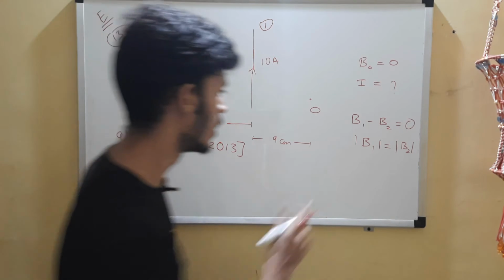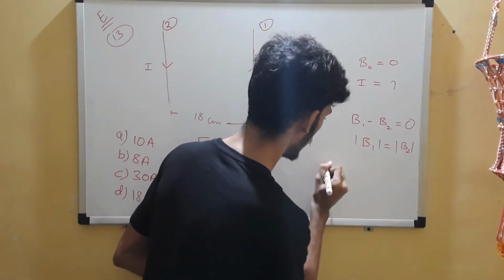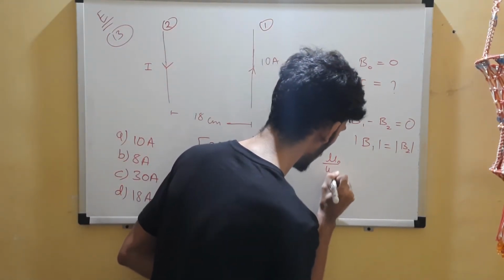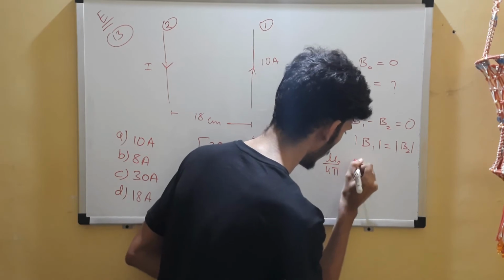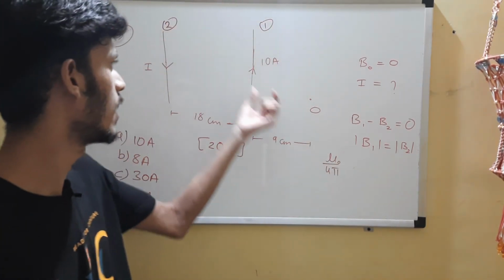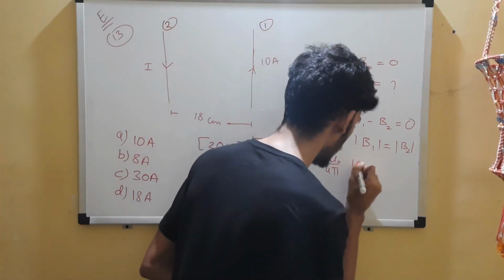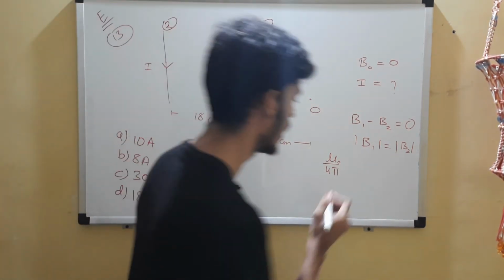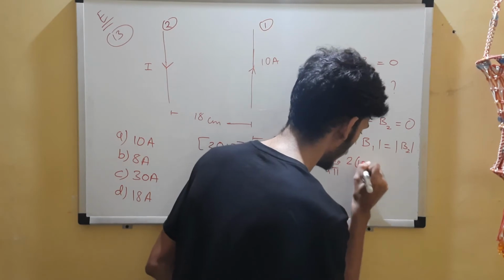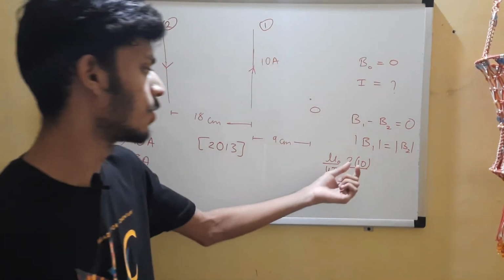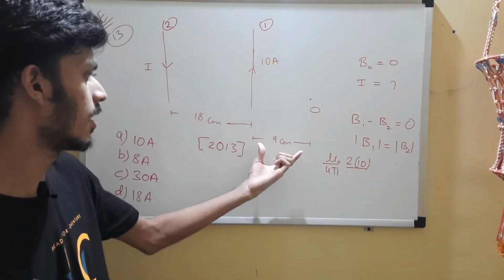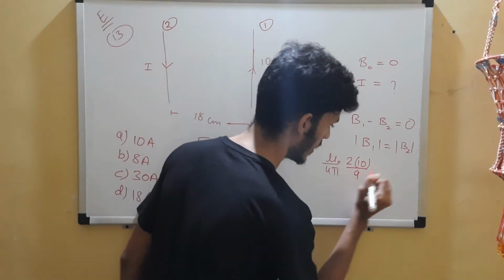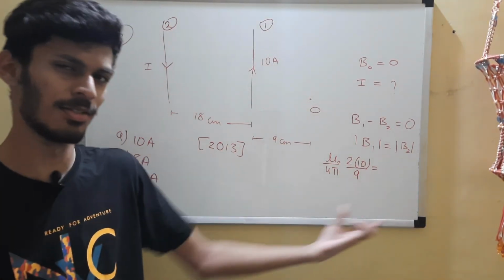Here, what will be the value? Mu 0 upon 4 pi, I by R. The current in the first wire is 10. It's an infinitely long wire, so 2I by R, R is 9 over here. 9 centimeters, I'll keep it in centimeters.